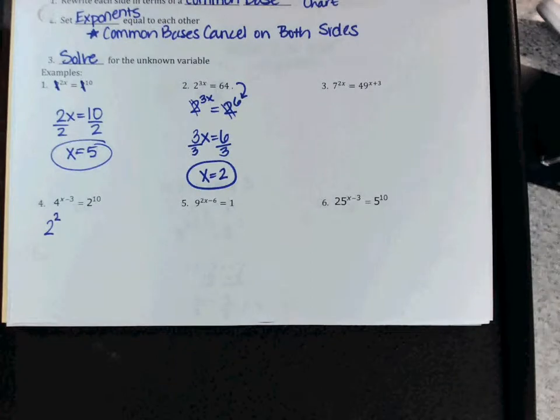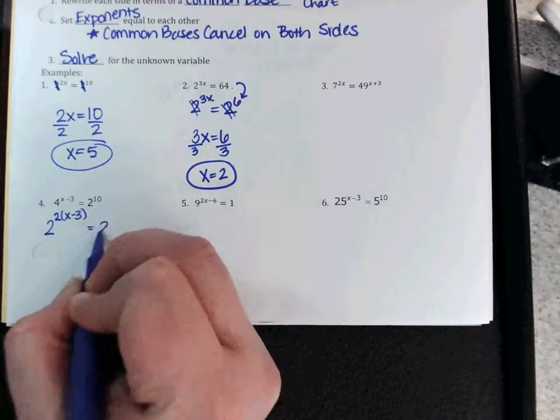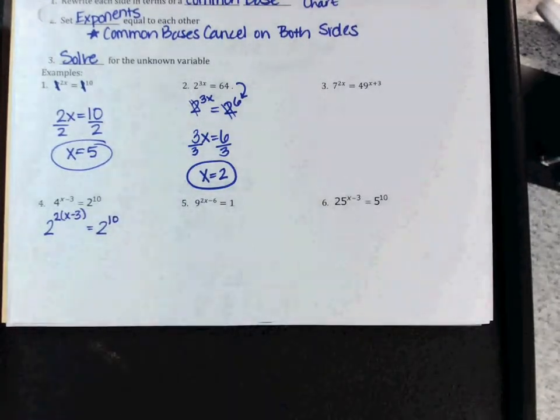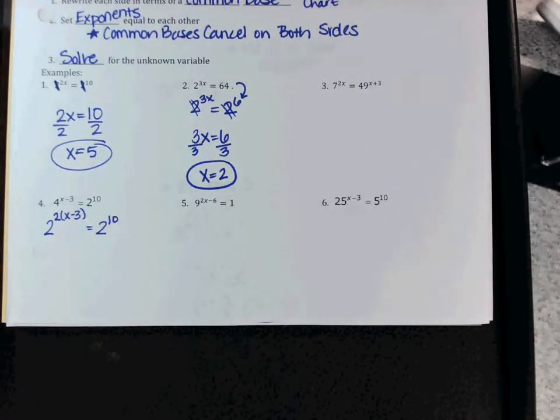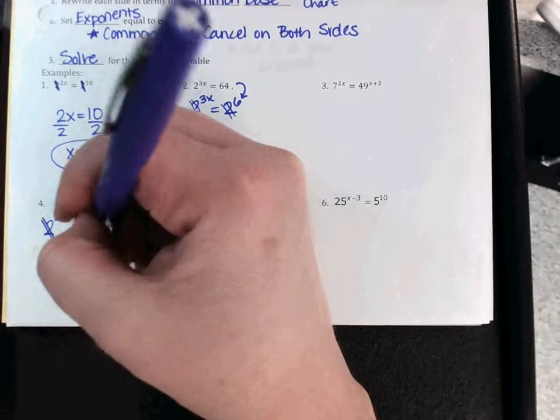And then the old exponent that was already over there, you're going to group it in parentheses. You're going to have to distribute. That's exactly right. So when you convert the 4 to a 2 squared, you're going to keep the old x minus 3 together. Cross out the 2, just like we did previously.